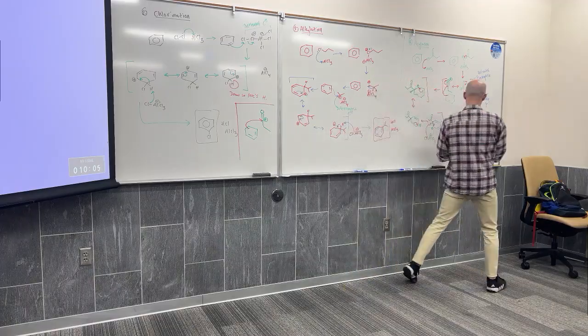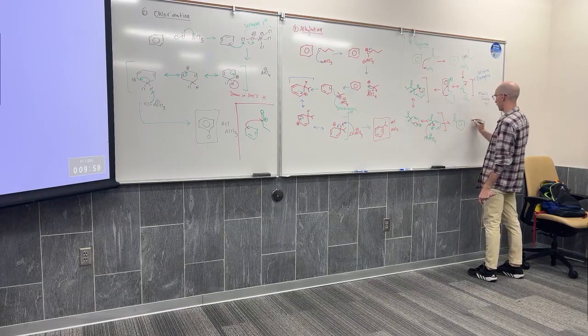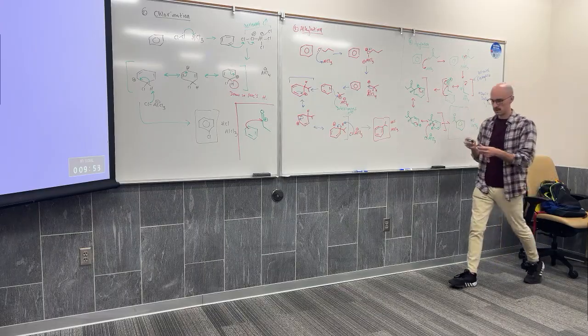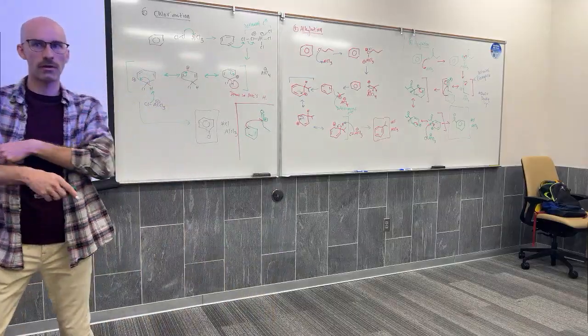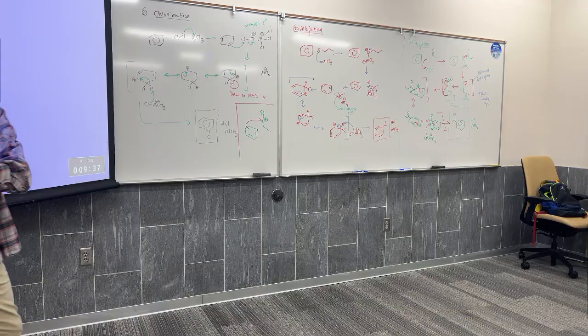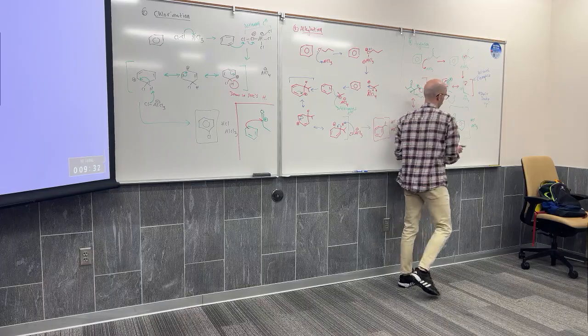CH electrons go to form the aromatic ring. And I've intentionally left an error on that final product. There should be another carbon. Missing a carbon on my acyl chain.